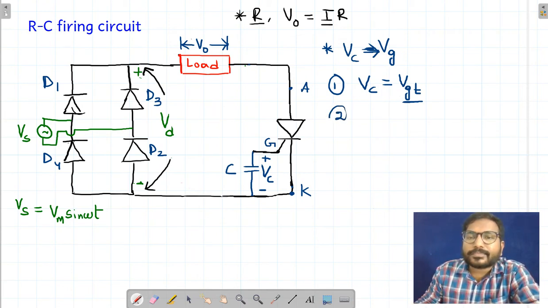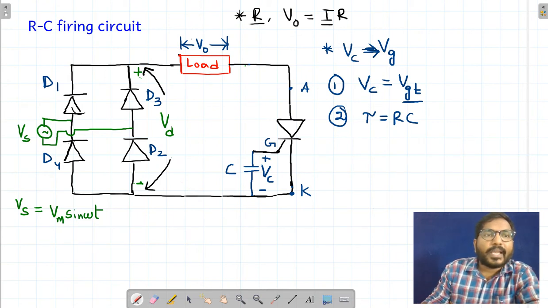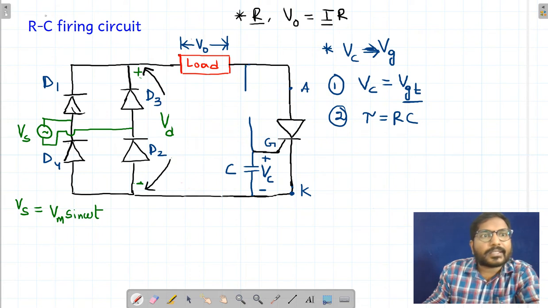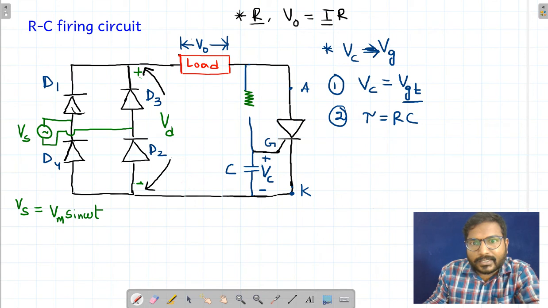And the second one: when the capacitor is charging, there is a charging time, that is tau equal to R into C. In this, I need to provide a path to charge the capacitor through a resistor. What is the path here to charge the capacitor?